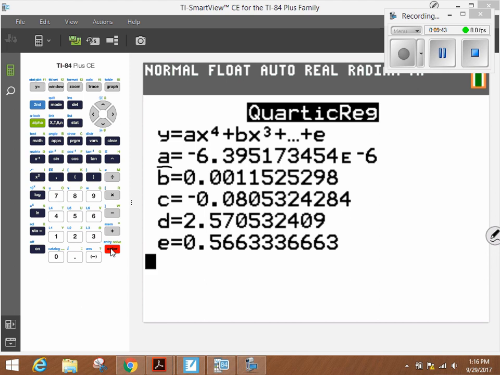And this is kind of nasty, but it looks like negative 0 point. And I'm just going to go ahead and round that 3 to a 4. x to the 4th, just because we're going to run out of room here.